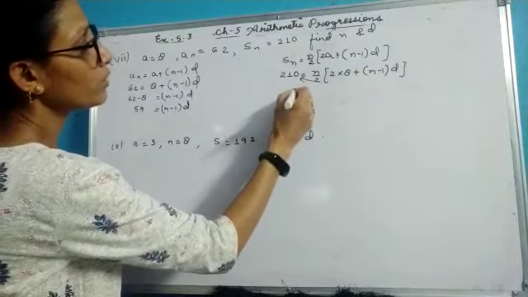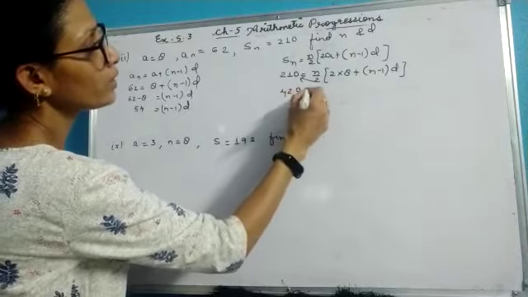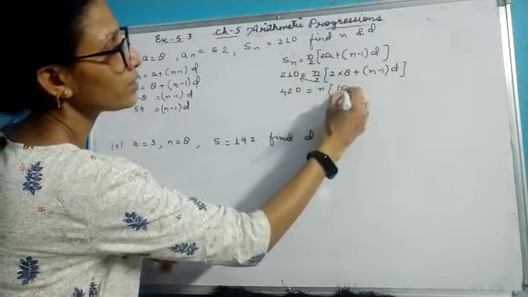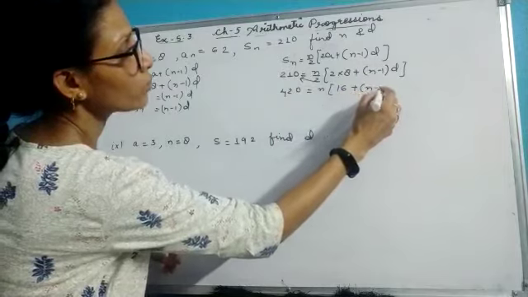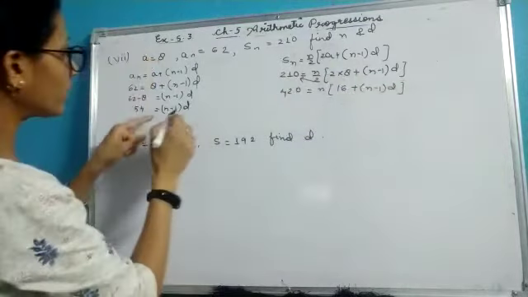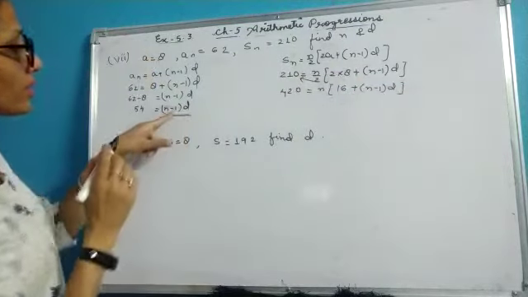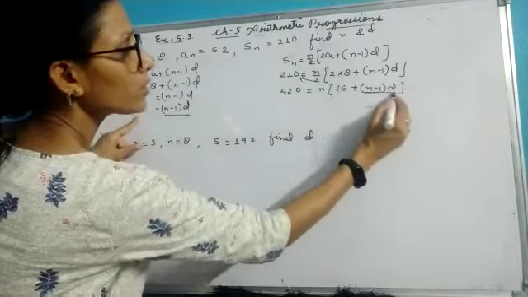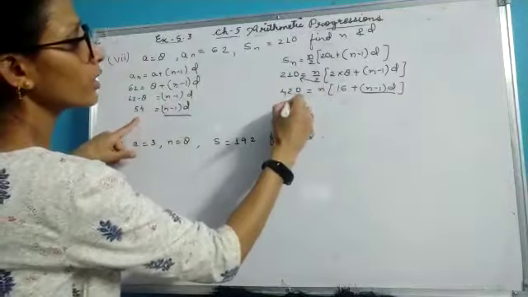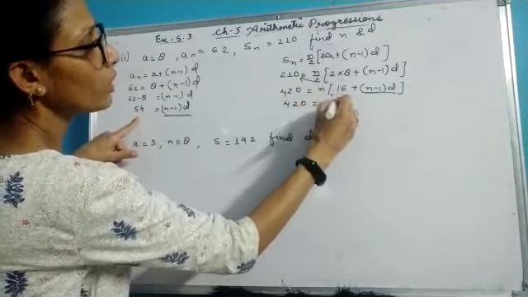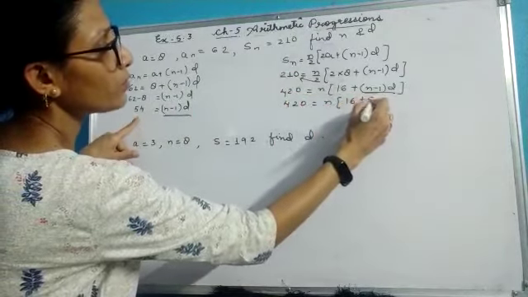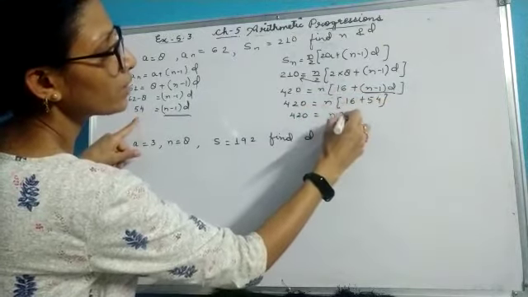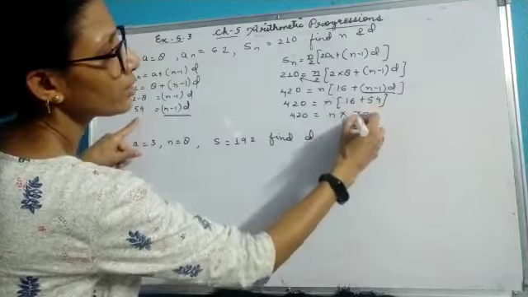So this will give me 420 equal to N, and inside I will be getting 16 plus N minus 1 into D. Now children, I have calculated the value of N minus 1 into D as 54. So I can replace this value with 54. So write it down, 420 equal to N into 16 plus 54, which gives me 420 equals N into 70.